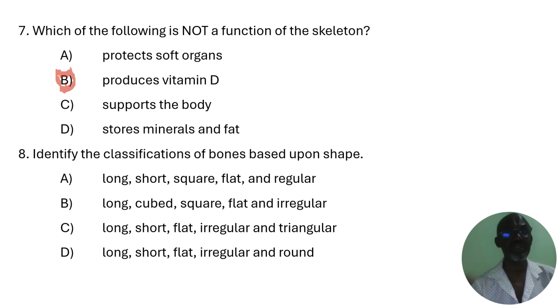Long, short, flat, irregular, and triangular. And long, short, flat, irregular, and rounded. We may take this one as the classification, because some writers classify some bones like the scapula as triangular, a roughly triangular shape.